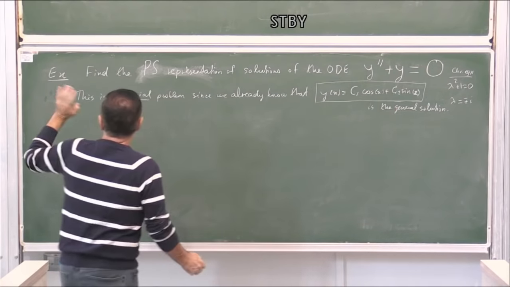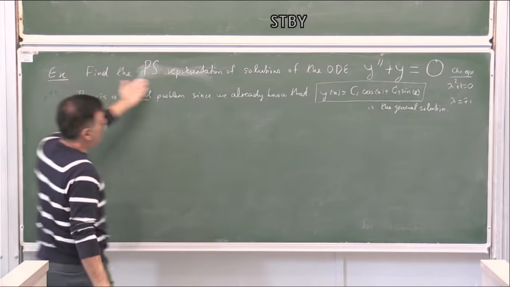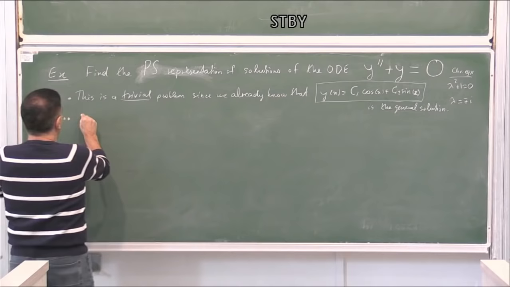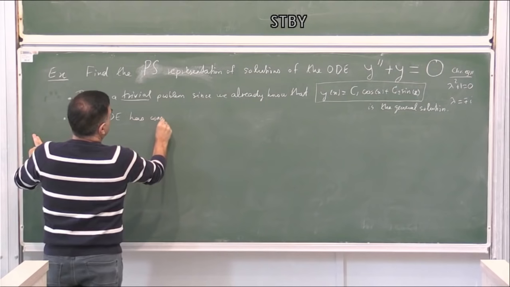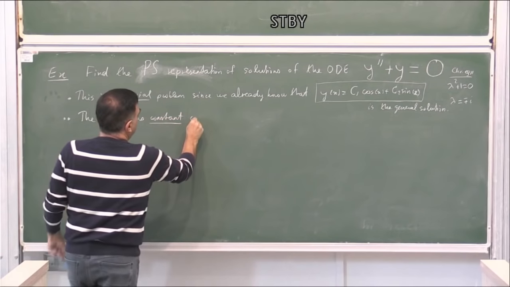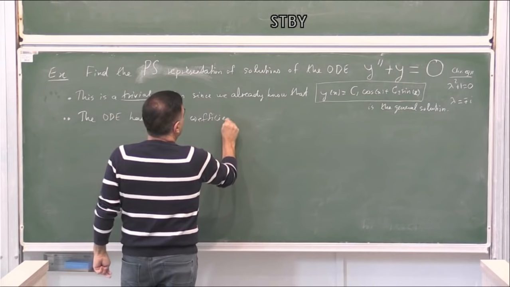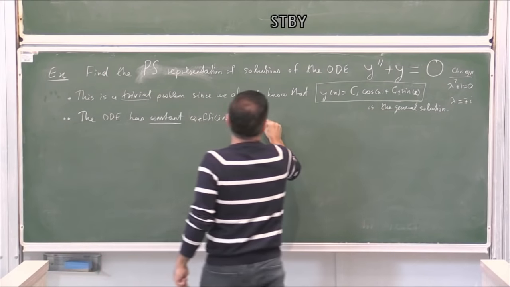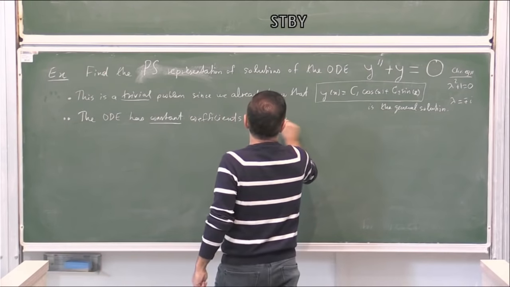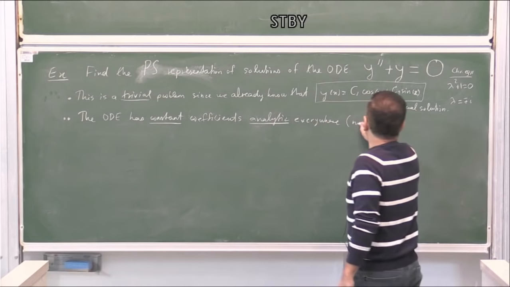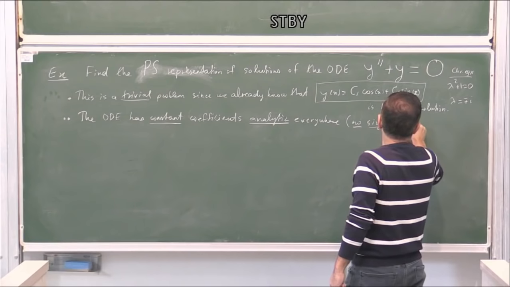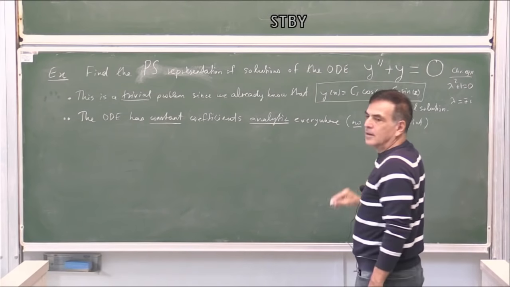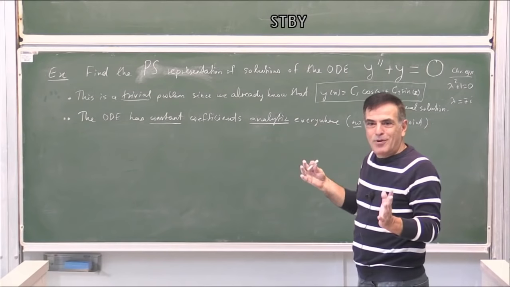So observe that. Look, the equation has constant coefficients, analytic everywhere, that is, no singular point, so any point is an ordinary point.